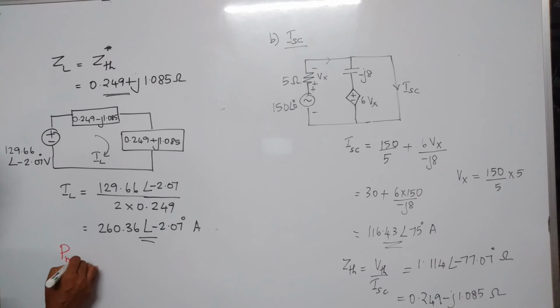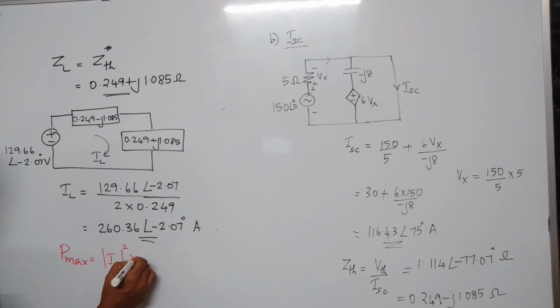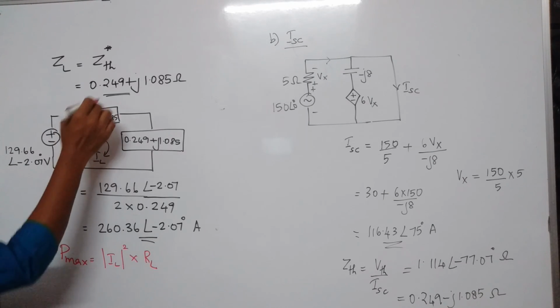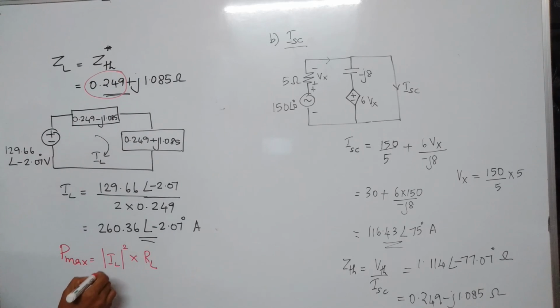P max equal to modulus IL squared into RL. What is RL? RL is the real part. So 260.36 squared into the real part 0.249, which is 16879.23 watts.